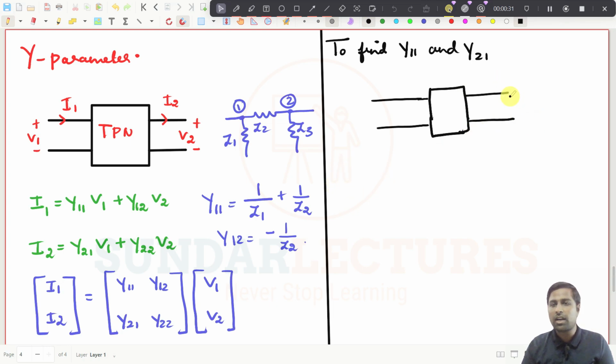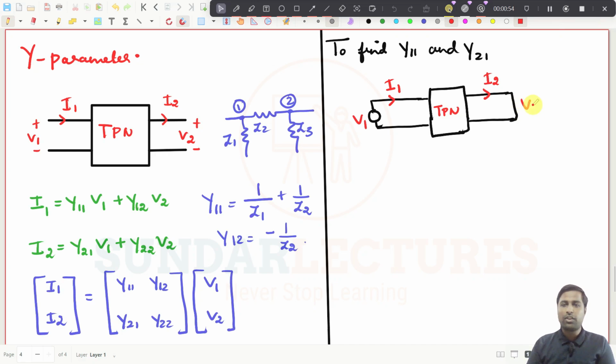If you short circuit the output port, what happens? And you just excite the first port, right? This is V1 now, and this current will be I1, and this current will be I2. This is the two-port network. And what happens to V2 here?